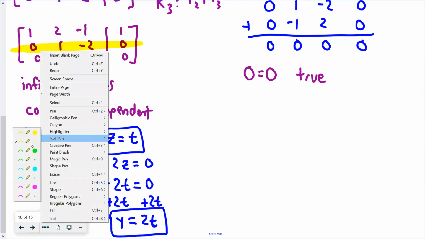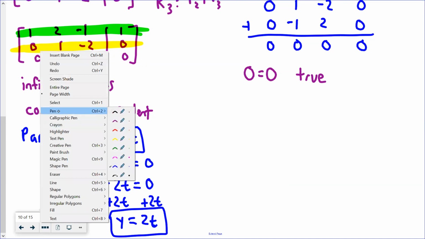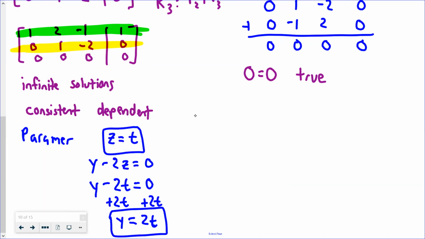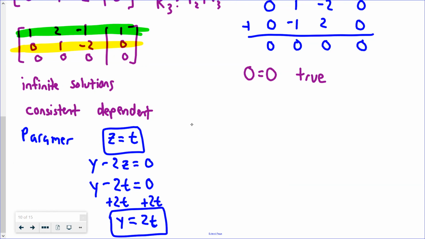Now, let's go to the first equation right here. We're going to write it out in x, y, and z, but wherever we see a y, we're putting a 2t, and wherever we see a z, we're putting t. So it was x plus 2y minus z equals 1.